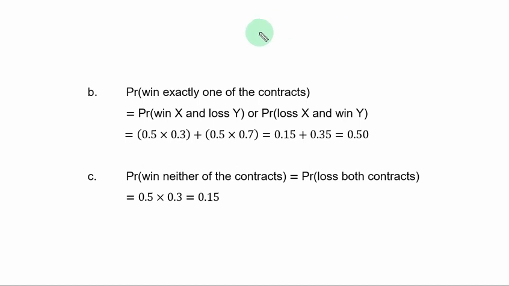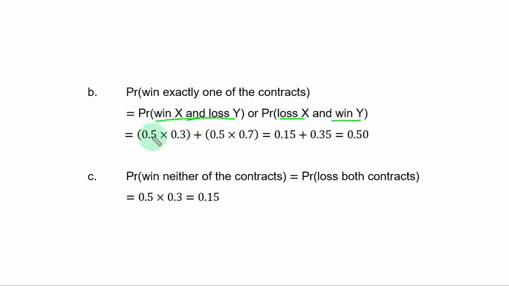B part of the question, probability win exactly one of the contracts. What it means is that if he wins contract S, he loses contract Y, because exactly one, or if he loses contract S, he wins contract Y, and or signifies addition rule.